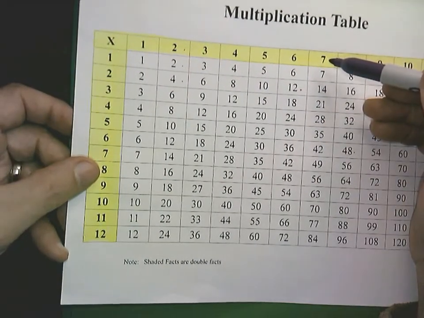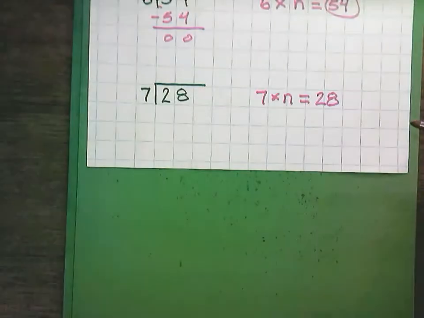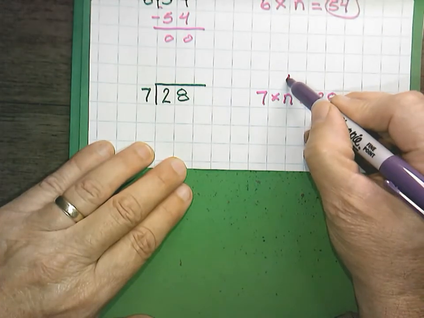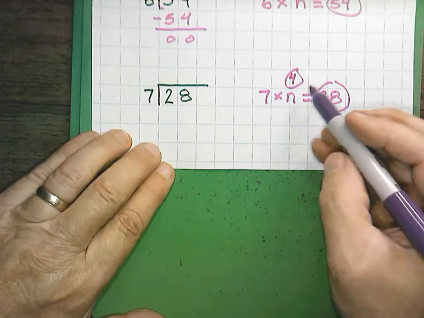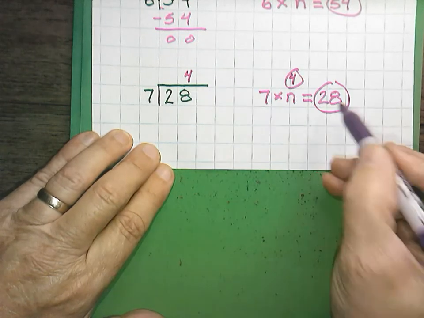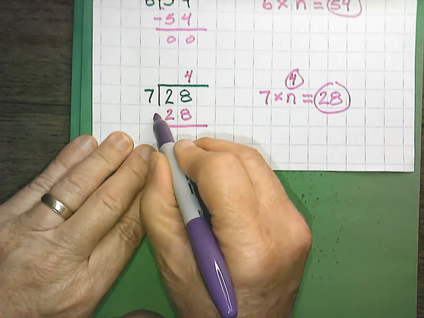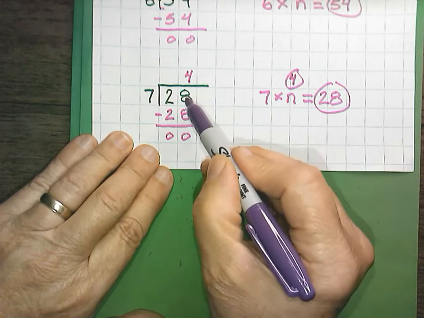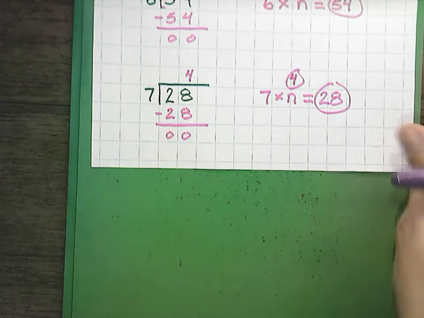I'm going to count down to 28. 1, 2, 3, 4. So in other words, n is equal to 4, but get in the habit of using both numbers. And then 28 to compare, and it looks like that's the same, so we're in good shape there. So 28 divided by 7 is equal to 4.